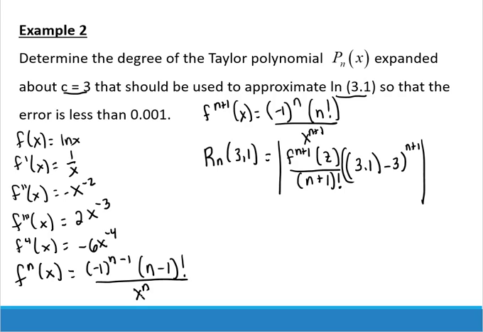So the remainder at 3.1 is equal to, okay, the value of the derivative, and its absolute value, so I could take away this negative 1, n factorial all over z, because that's what our x value is, to the n plus 1, times 1 over n plus 1 factorial, times 0.1 to the n plus 1.